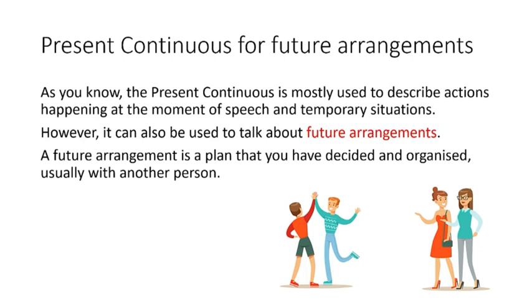However, when we talk about future arrangements, so our plans that we have organized and decided on, usually with someone, then we can use present continuous for that future action or plan. So let's take a look at a few examples.